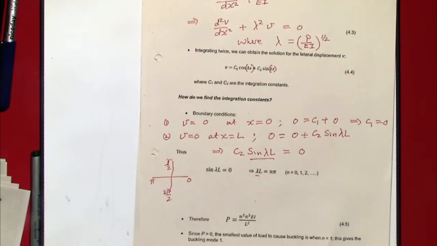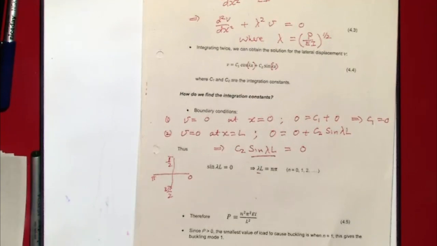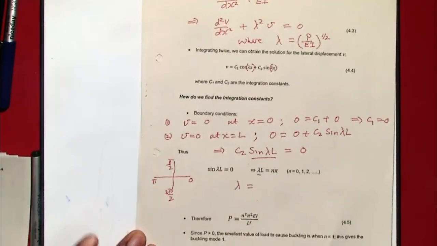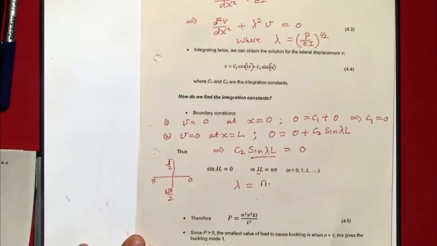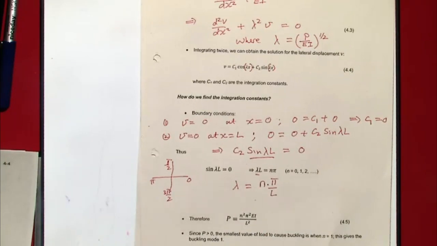Now that we've shown that, we can say that our lambda, which is what we're trying to find, is n pi over L, where n is either 0, or 1, or 2, or 3, or 4.